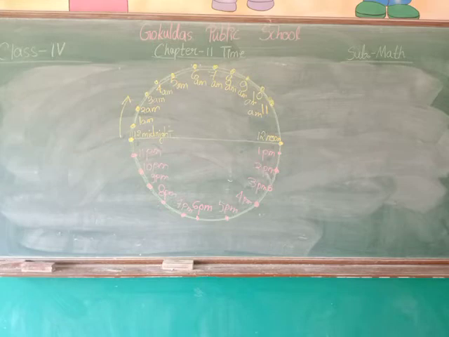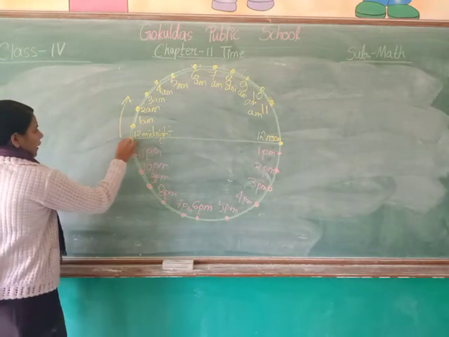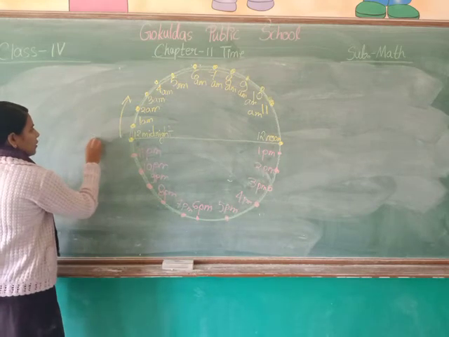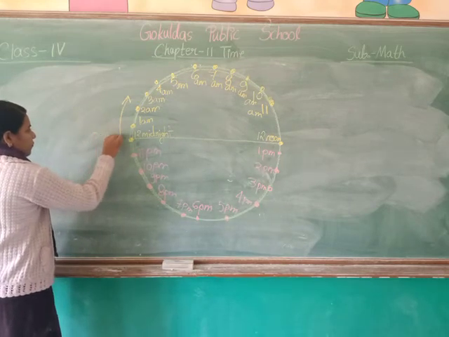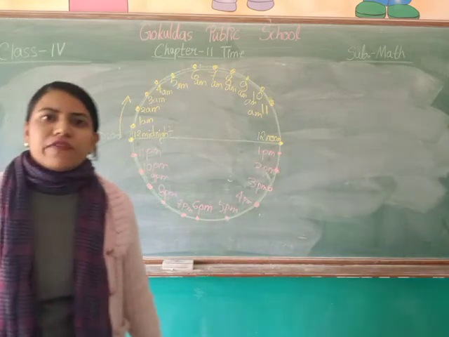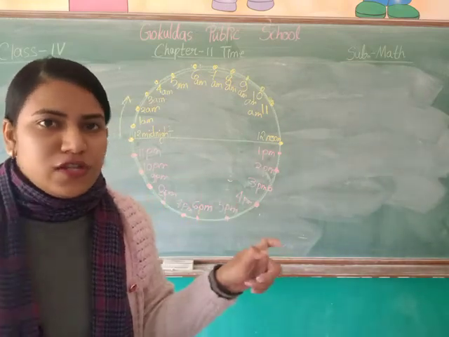Now if we want to show it in the 24-hour clock format, we remember that at 12 midnight the clock will show 00. The clock will show the timing 00.